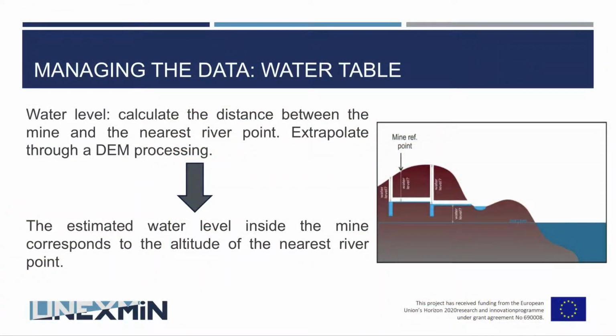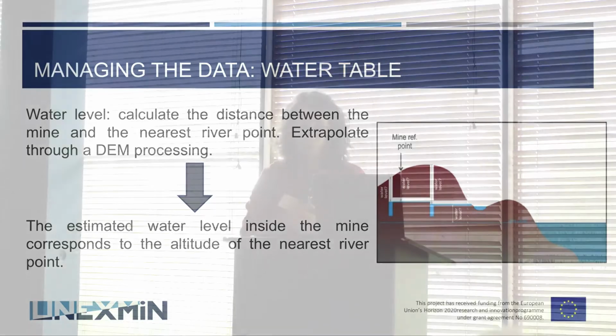Then, once we gathered all the data from all the countries, we needed to homogenize all the information. All the commodities were listed after the desired code list. Then we needed to compute several entries, in this case the water table.